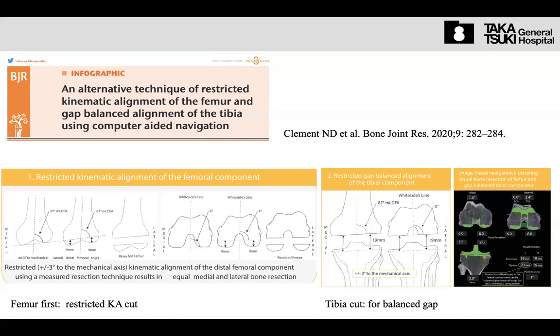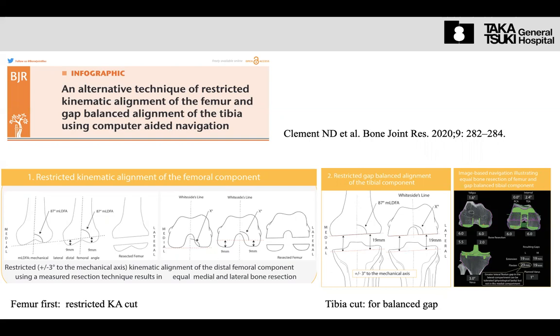After that, evaluate the gap using a robot and decide the tibial cut. So there is femur-first kinematic alignment, functional alignment, and tibia-first functional alignment. In functional alignment, the planes are decided before the bone cuts. Anyway, they are a little bit different: tibia first, femur first, or planning first.